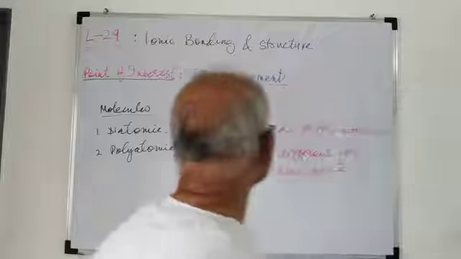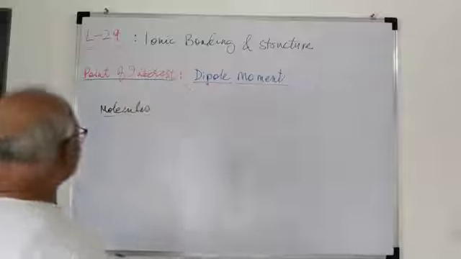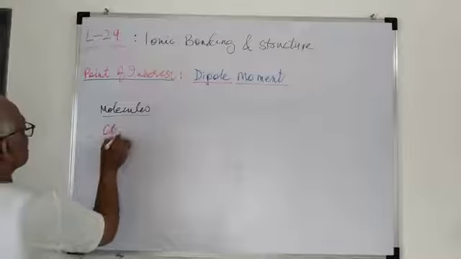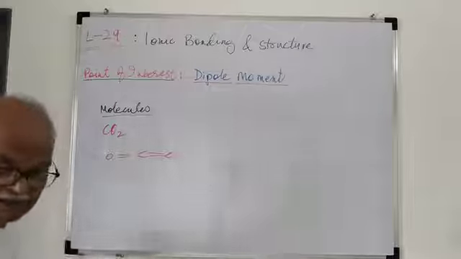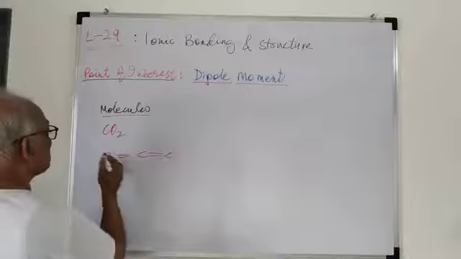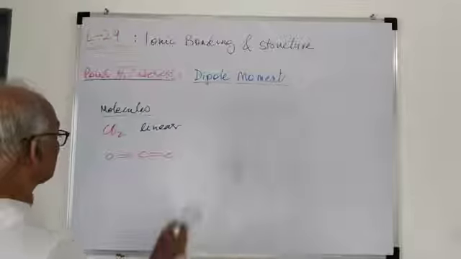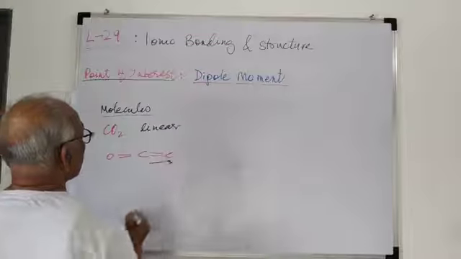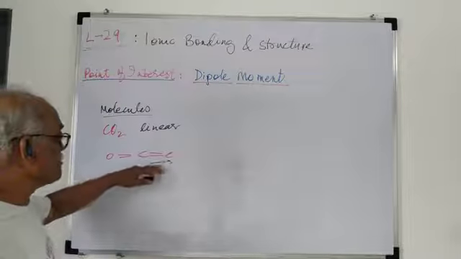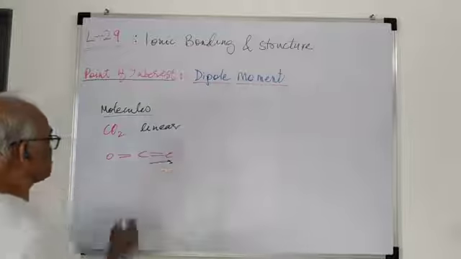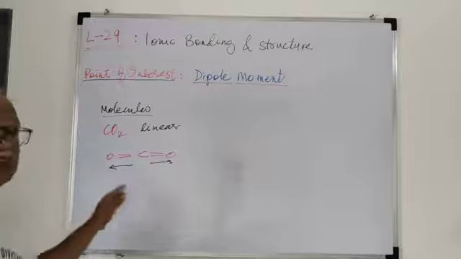Take a molecule like CO2. The structure of the molecule is linear, that is the bond angle is 180 degrees. The dipole moment of one CO bond points in one direction, and the dipole moment of the other CO bond points in the opposite direction.